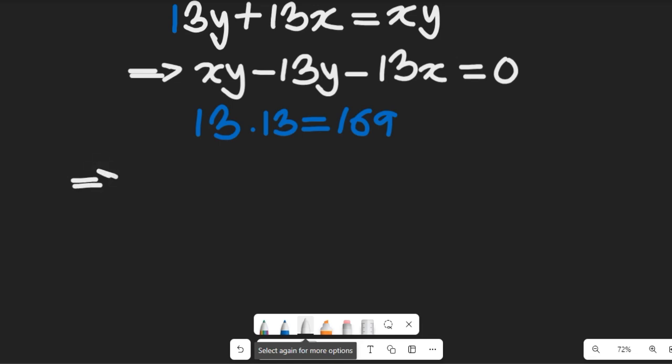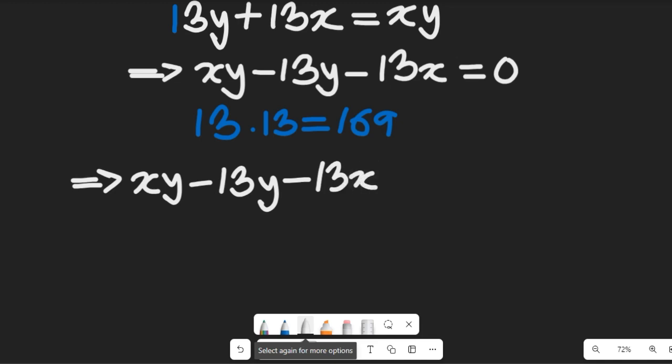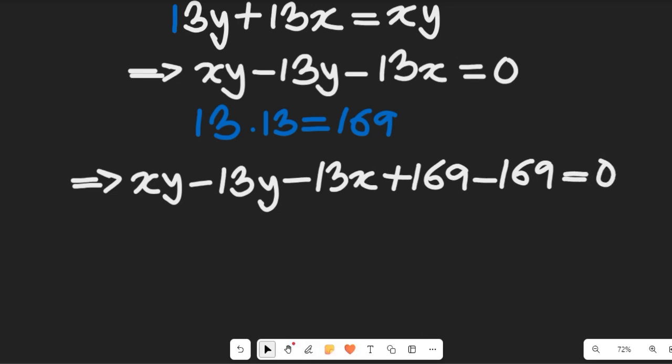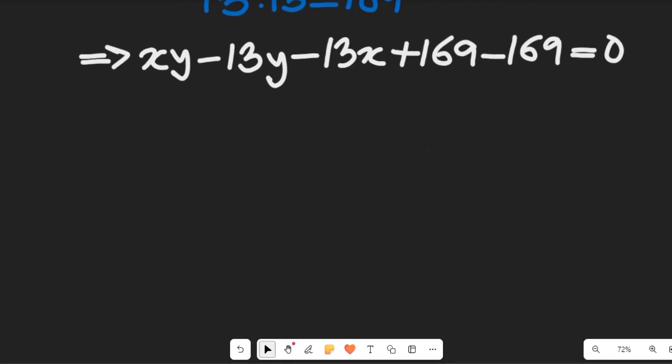I'm going to have this become xy minus 13y minus 13x, right, plus 169 minus 169. I didn't change anything in that expression, and this is equal to 0. Now if you notice, I have not changed anything. It remained the initial expression.